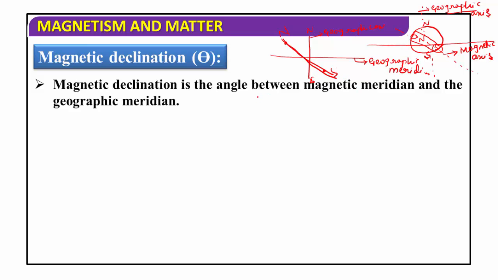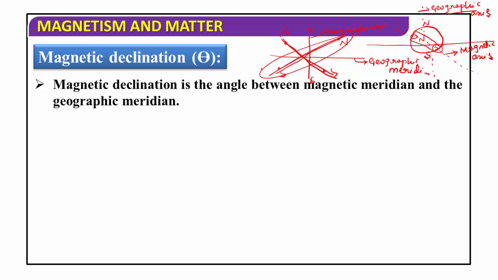And a vertical plane passing through the magnetic axis of the earth is called the magnetic meridian.